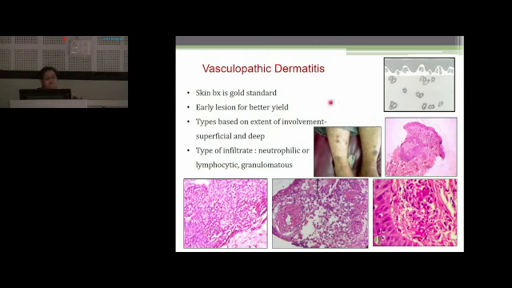The skin biopsy involving subcutis and taken from the earliest, most symptomatic red or purpuric lesion is crucial for obtaining maximum diagnostic yield.